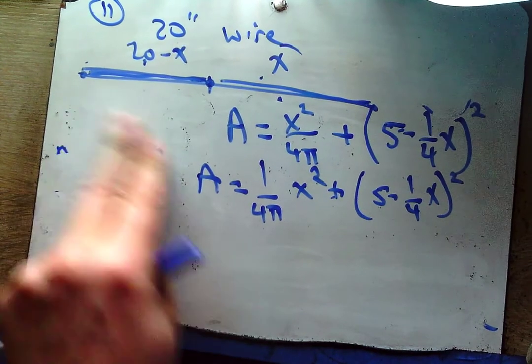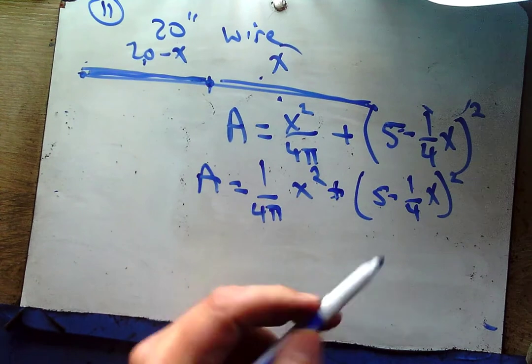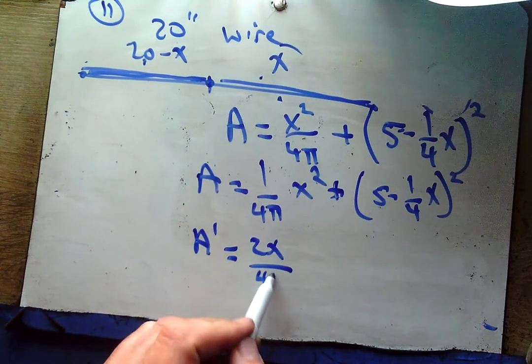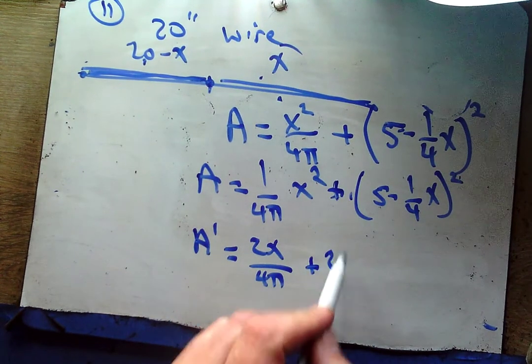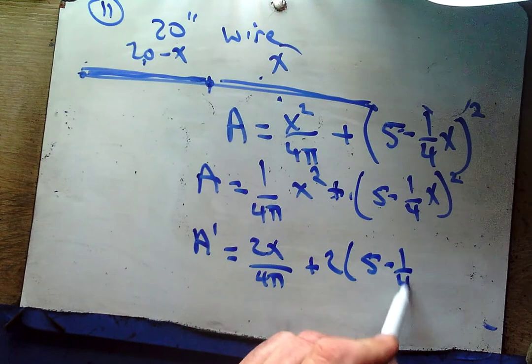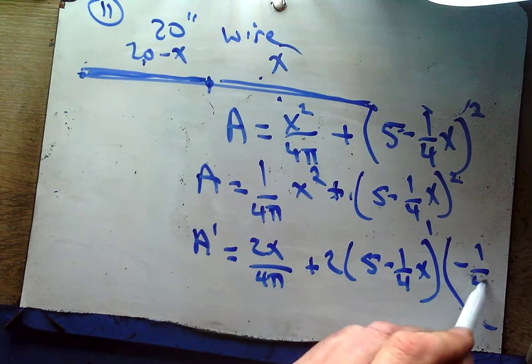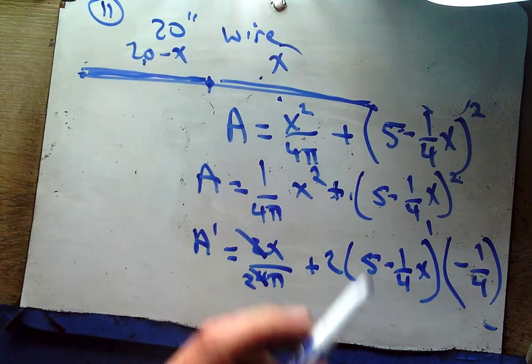Every time I erase this stuff, I feel like I'm going to need that again, and I probably will. Okay, so A prime is going to be 2x over 4 pi. I bring down the 2 to 5 minus 1/4 x to the 1, times the derivative in here, which is negative 1/4. I can do a little tidying.